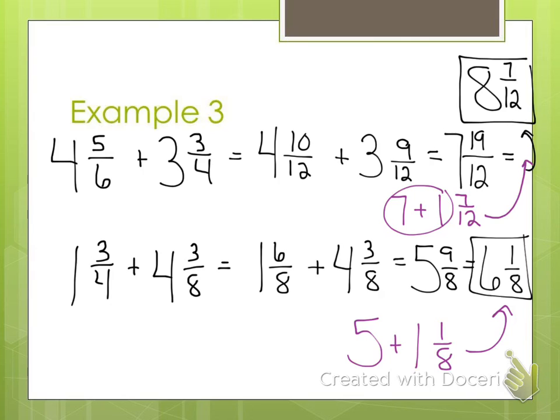Okay, now moving on to our last example. In example 4, we're subtracting mixed numbers. We have 6 and 1/6 minus 3 and 2/3. So first thing we need to do is what? Find our LCD.